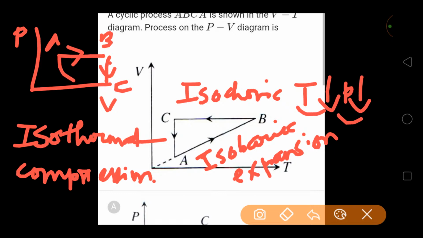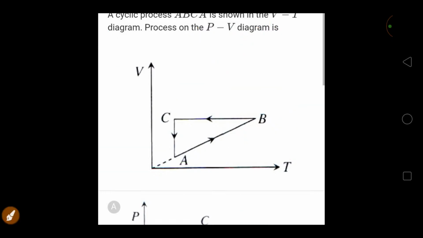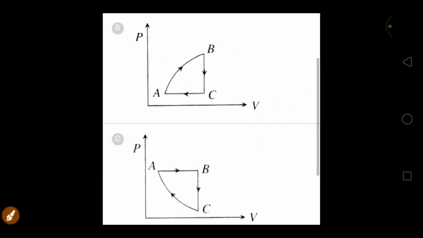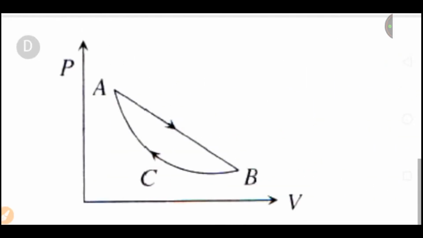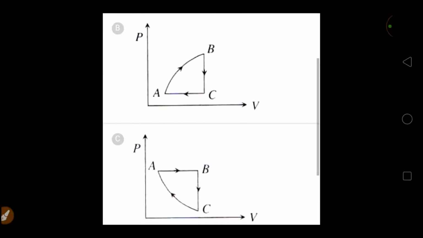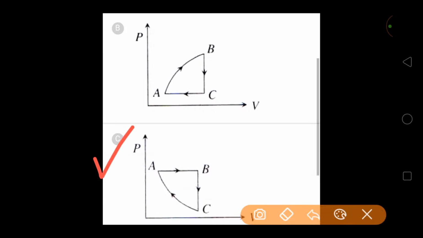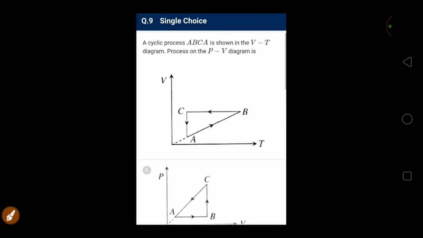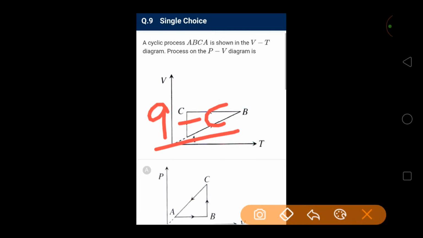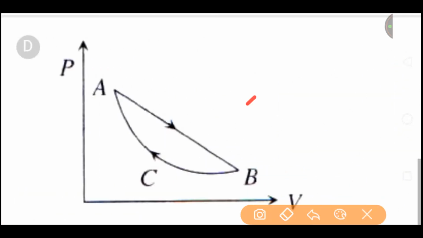Isothermal for a PV graph is just like this. So it should be like this. This is A, this is B, and this is C. So A is wrong, B is wrong, C is correct. Even D is wrong. So ninth question, C is correct.